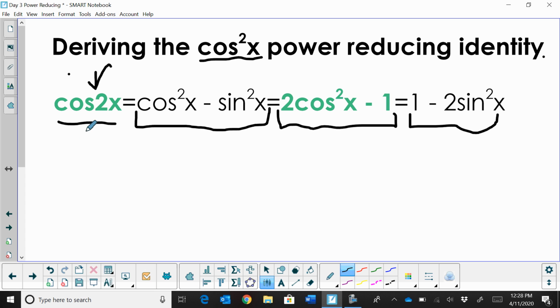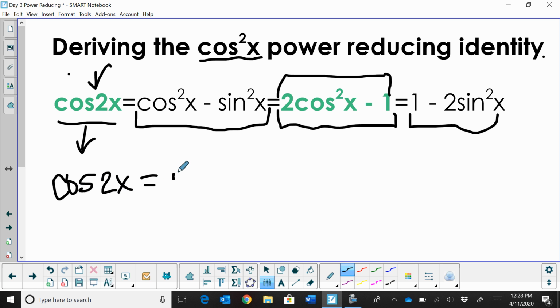Now, the one we're going to use to derive the cosine squared is the second one. Okay, we're going to use the second equation. So we're going to take the double angle equation, cosine of 2x equals 2 cosine squared x minus 1.